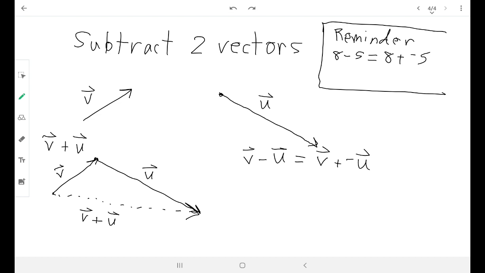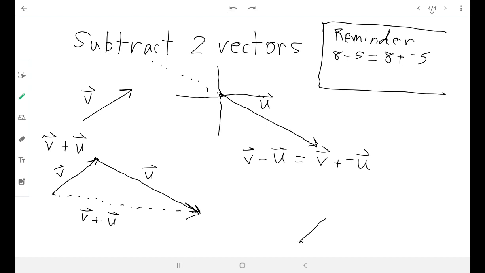Okay? So if this U was on a coordinate system, then negative U would be up here. It would go in the exact opposite direction on the graphing system. Okay? So if you were going to draw it, you'd draw V the same way. Whoops, let me change where that is.